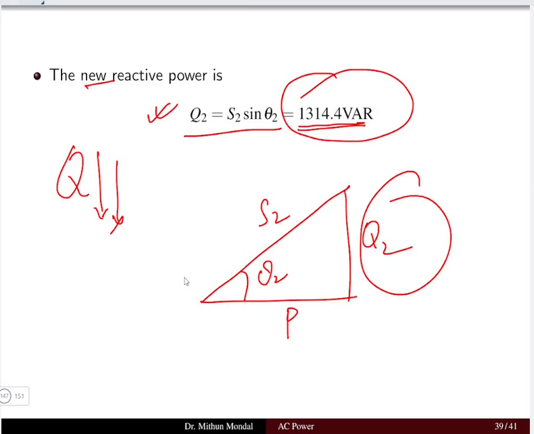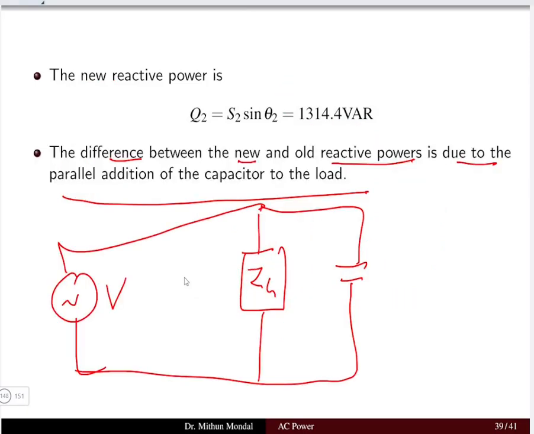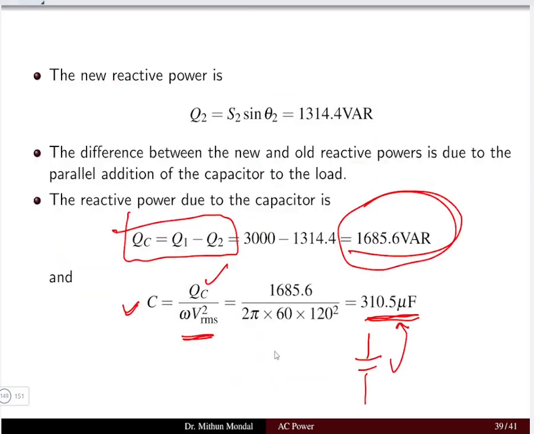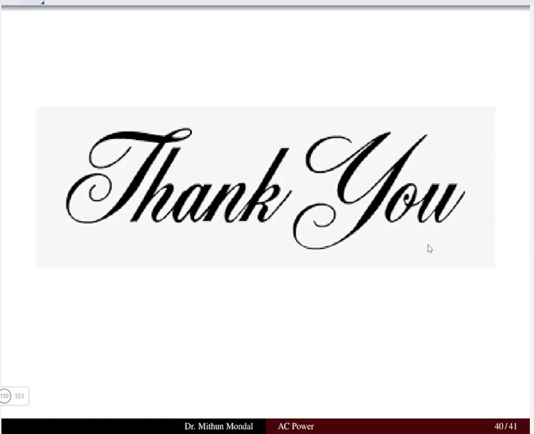You will have less reactive power and a better power factor. Then the electricity bill will also be less, and the losses will also be less. So you need a 310.5 microfarad capacitor connected in the system. This completes the AC power analysis, covering all aspects of AC power.